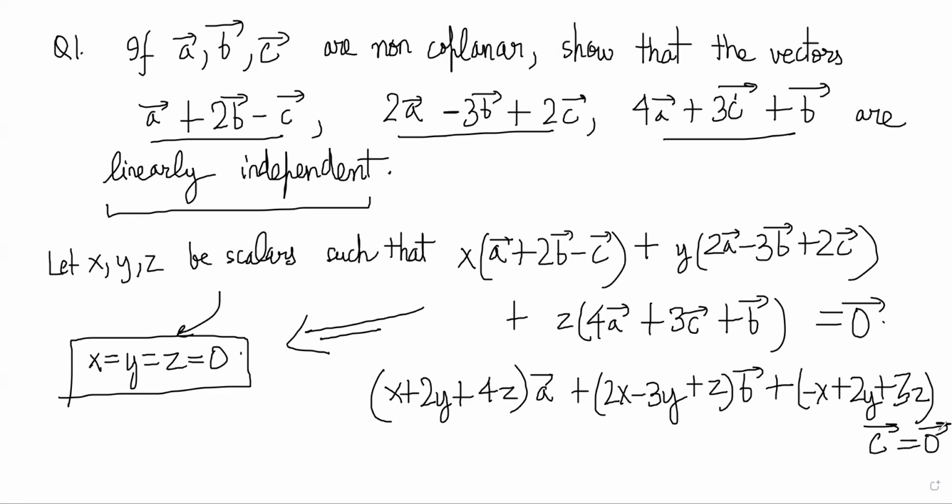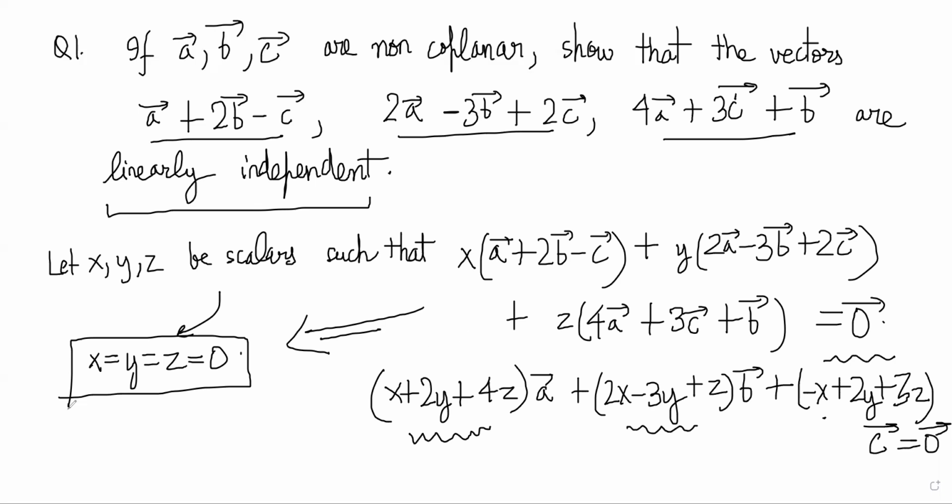So if this is true and A, B, C are non-coplanar, then we must be able to write that the sum of three non-coplanar vectors will be 0 only if the scalar parts here are 0.